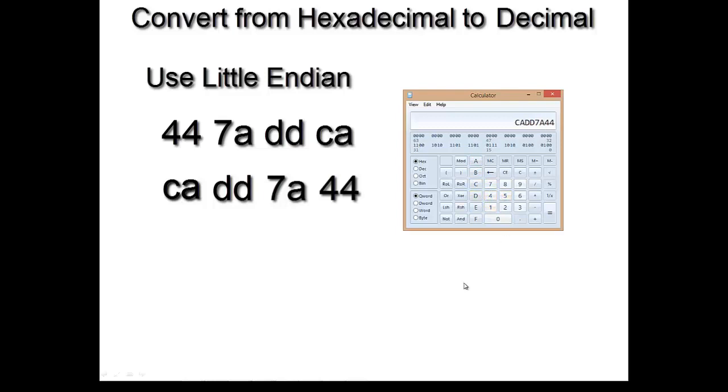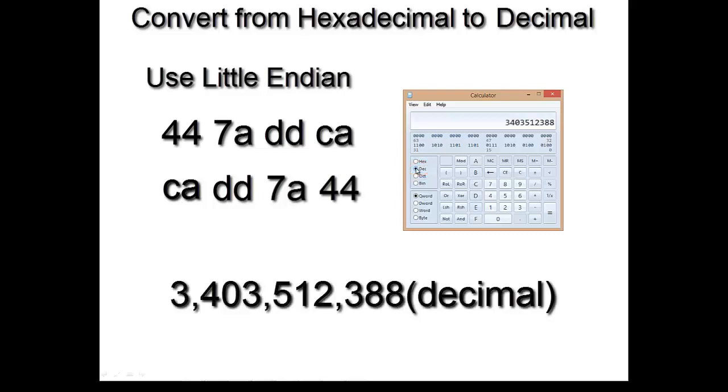When you've finished entering the sequence, click the radio button next to the DEC for decimal. You should end up with a decimal value of 340,351,2388.